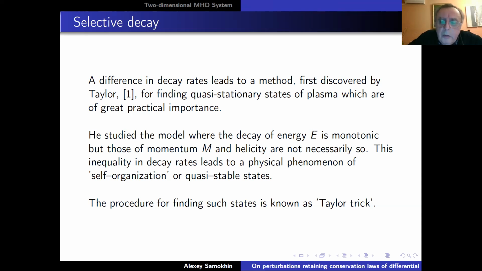The physical phenomenon described by this quasi-stationary state was approximately as follows. The energy was declining, but some other conserved quantities were in fact retained, constant for a time, and this means that it was a quasi-stationary state from the point of view of research.